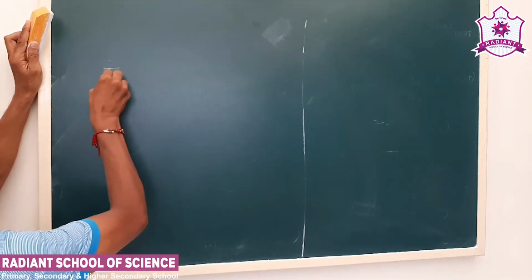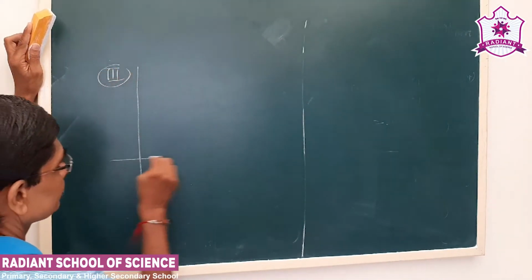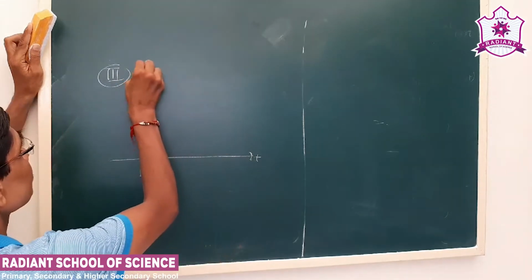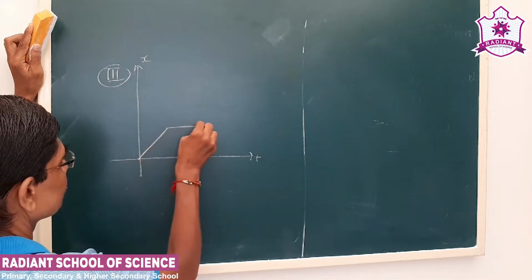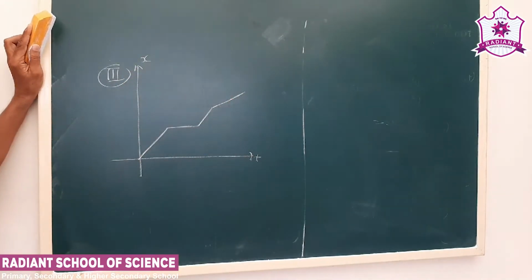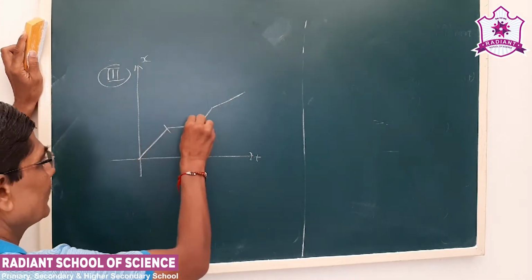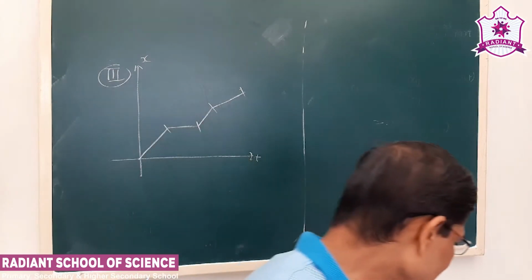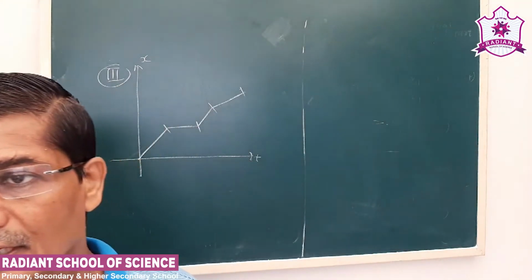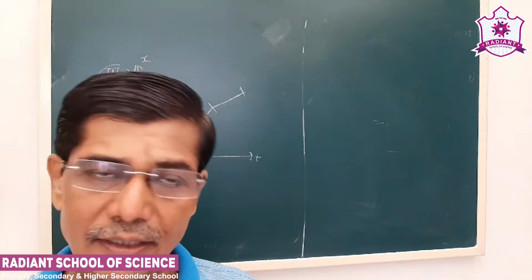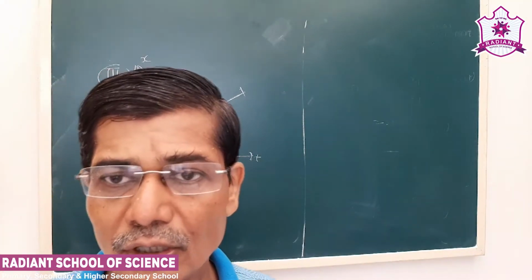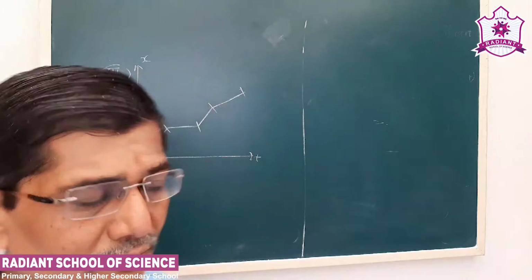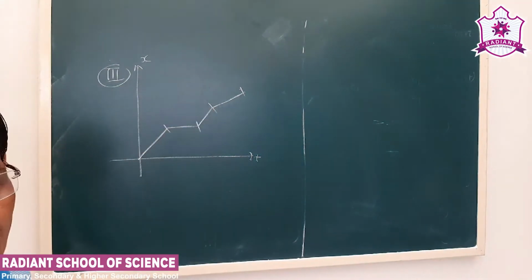Now see the third graph. This is also a straight line. What you can see, each part is a straight line, but here the object does not cover equal distance in equal time intervals. That's why it is called non-uniform motion. Why? Because in each part the value of the speed or velocity will be different.